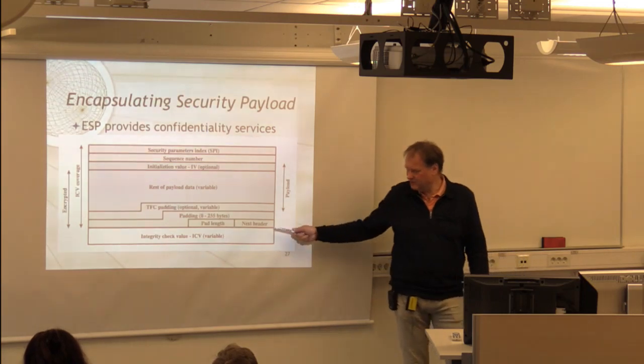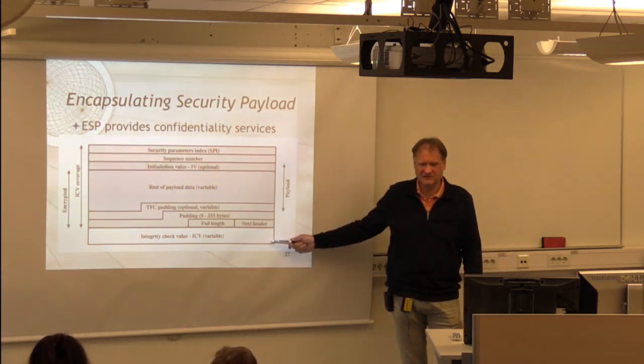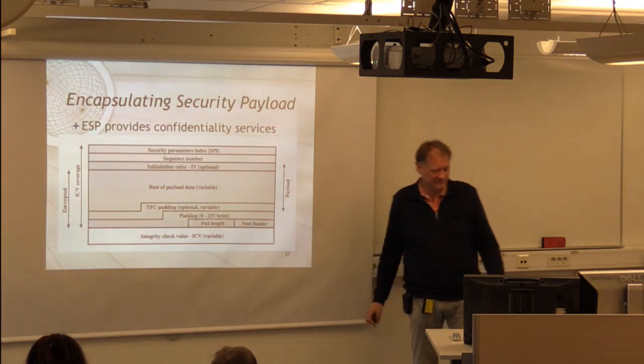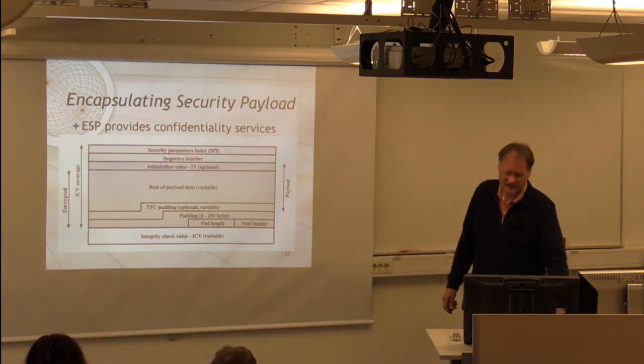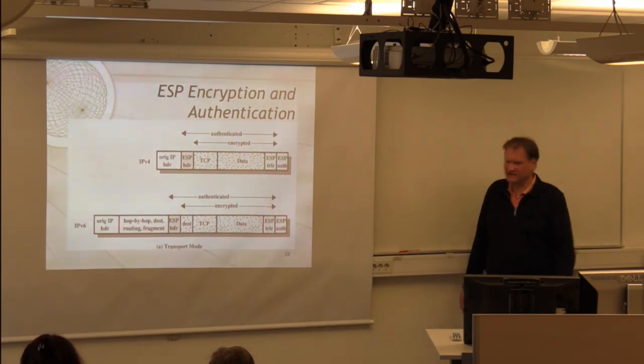And then if we're also using authentication, we have that at the end here. This is the MAC code at the end. So here we have encrypted data, and this is the optional MAC code. So that makes it a little bit more tricky on how we see the data here.